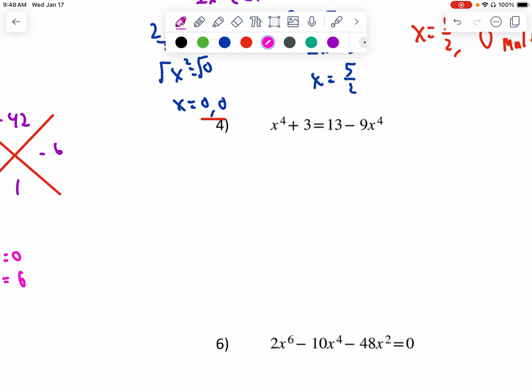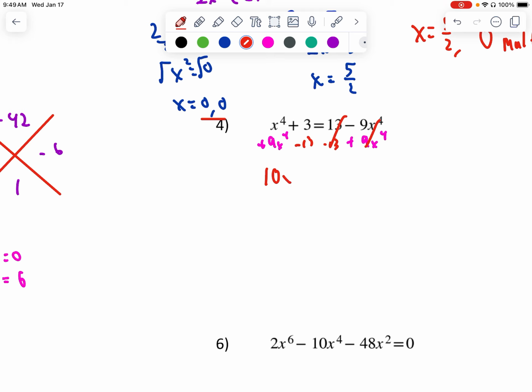Looking to number 4, here we again have this issue where we have some values on the right side and the left side. We want to get rid of those. I'm going to add my 9x to the power of 4 to both sides. And I'm going to subtract my 13 on both sides just to get everything away from this right side.